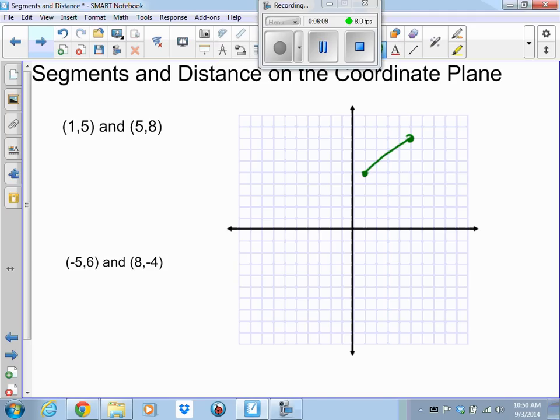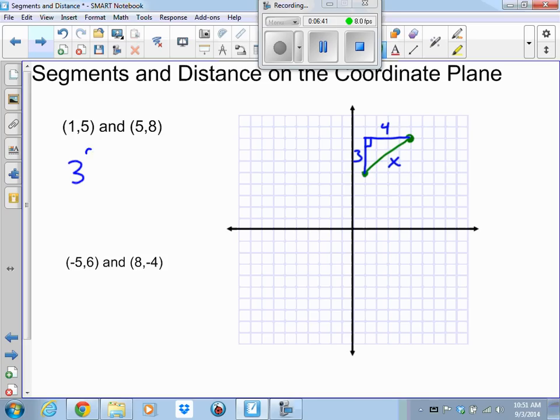There's a really long formula, and we will talk about that. But for now, what I want to do is build a right triangle. So it's just kind of like your rise and your run when you're finding slopes. We're going to find out what the difference is here. This is 3, this is 4, and then we're going to find out x, which is the segment we're looking for. Now, this is a right triangle, so we can use the Pythagorean theorem.